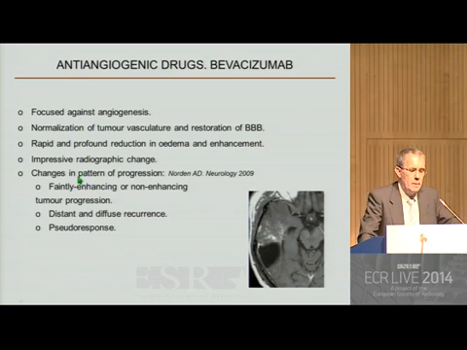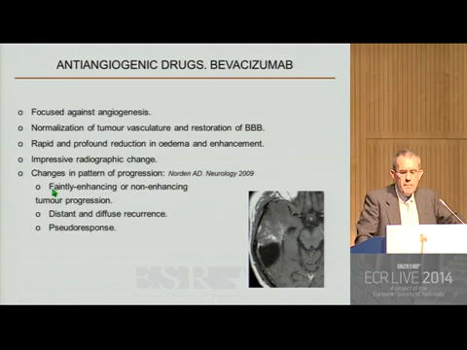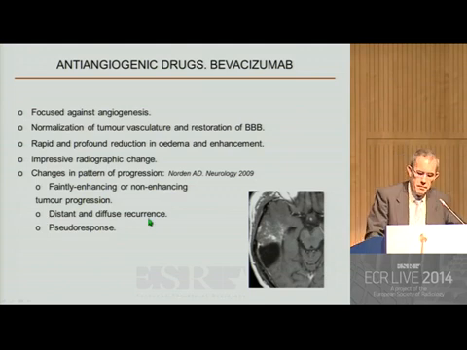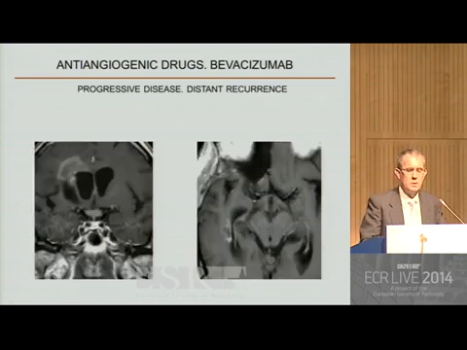These drugs have produced some changes in the pattern of progression. We can find patterns of progression in these patients that are somewhat different from patterns that we find with other drugs. We can find more frequently non-enhancing or faintly enhancing tumor progression. We can also find more commonly distant and diffuse recurrence, and we can also find another pseudo-phenomenon, the pseudo-response.